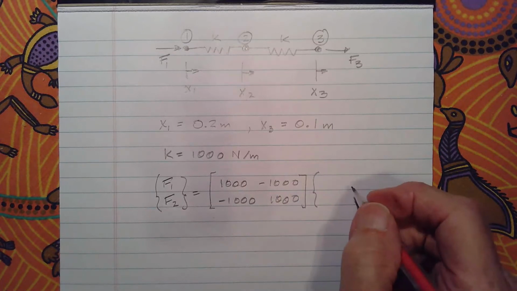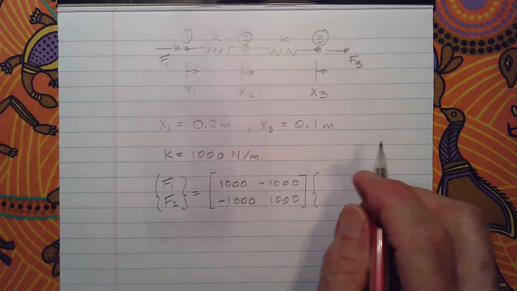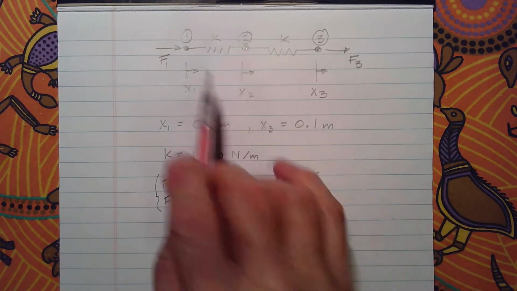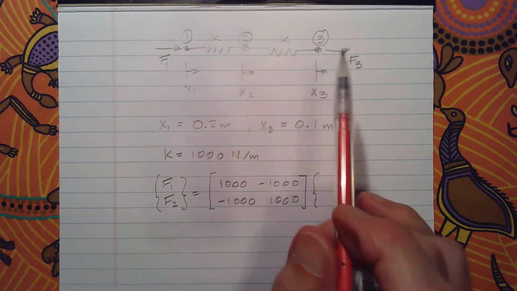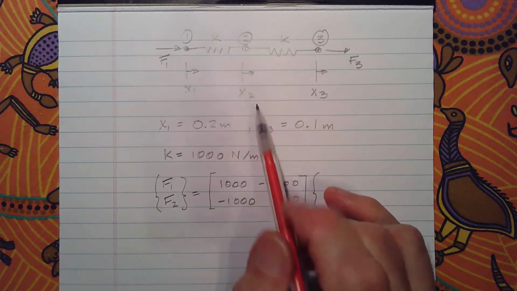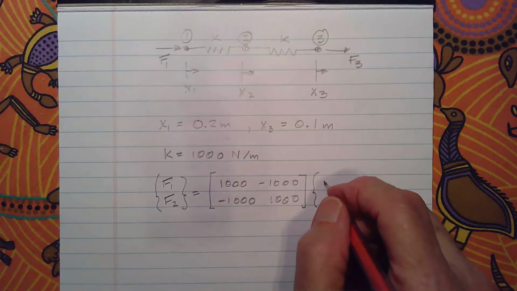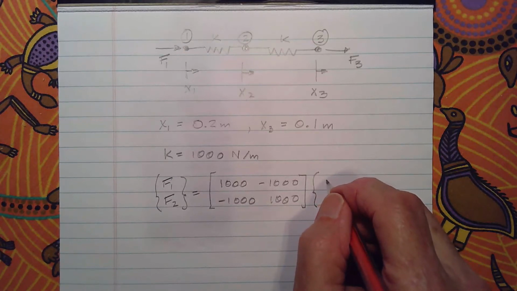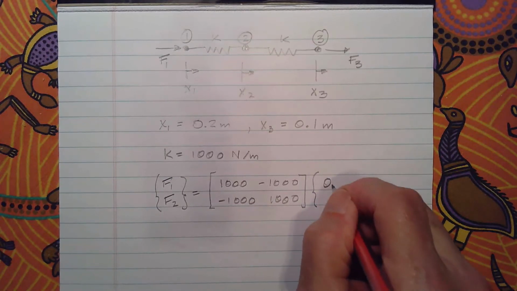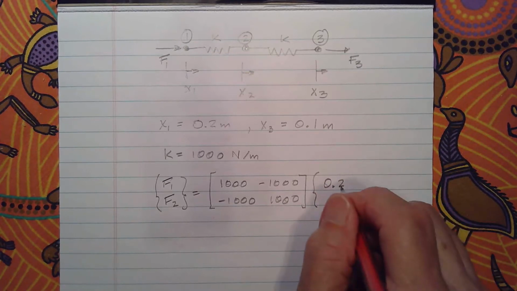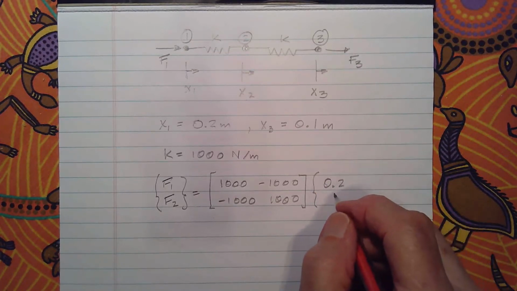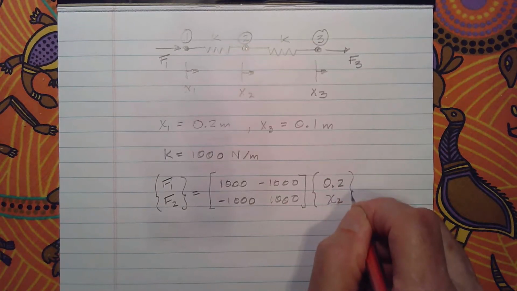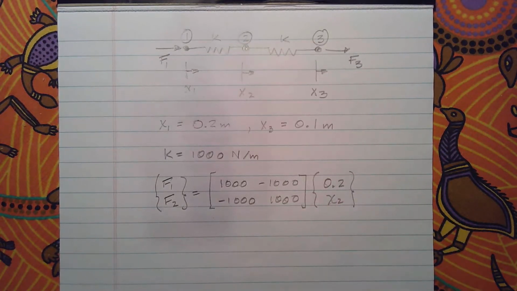This is the first element, and we do not know what the nodal displacement of x2 is. But what we do know is that x1 is 0.2 meters, and we don't know what x2 is. So that's our first element.